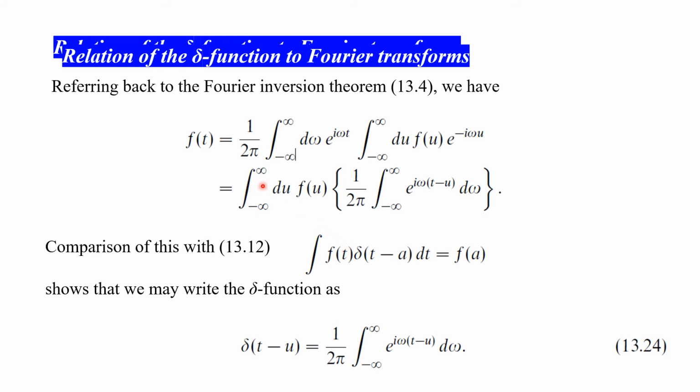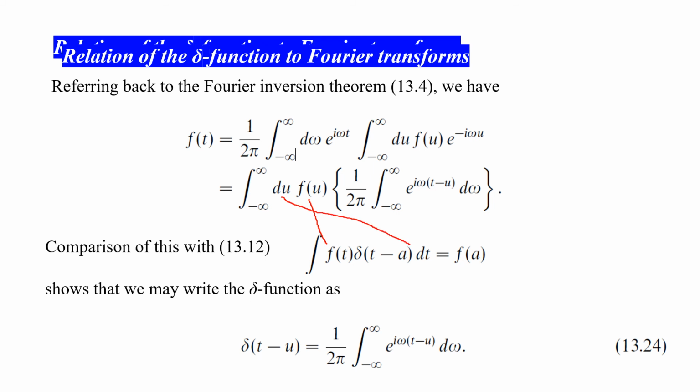So let's compare this expression here with equation 13.12. What do you see? We can match this: f of u is matched to f of t, and du is matched to dt.